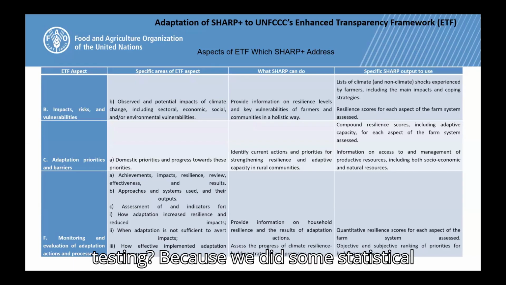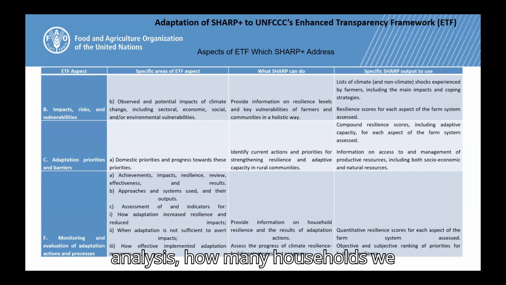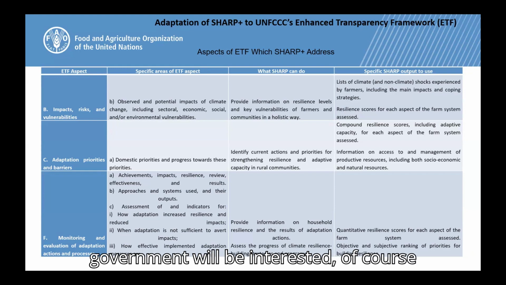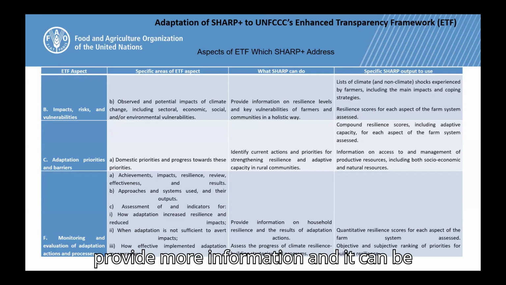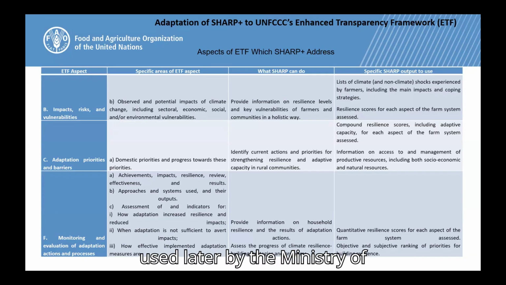How did we do the testing? We did some statistical analysis of how many households we need to interview, but it doesn't show the whole situation. But if the government is interested, of course, we can provide, or they can provide, more information, and it can be used later by the Ministry of Statistics and the relevant ministries.